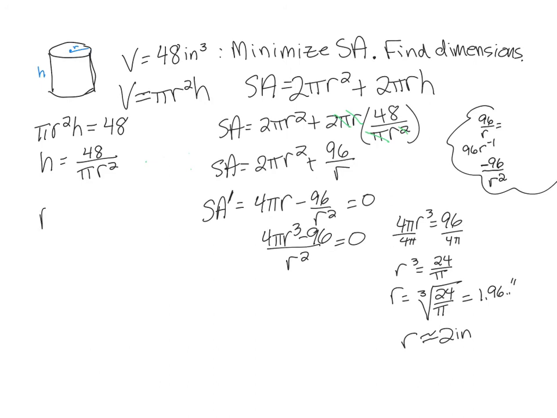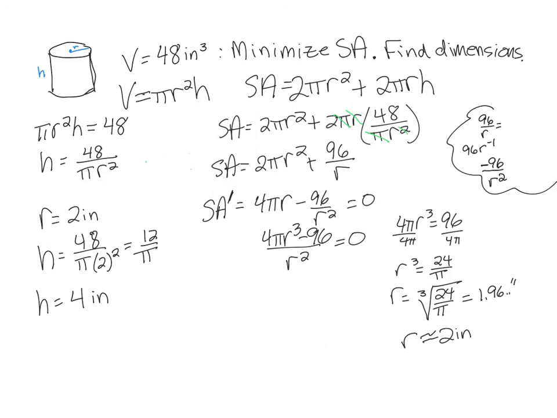So if the radius is 2, then the height is this. 48 divided by 4 is 12. 12 over pi is going to be right around 4 inches. Now, I didn't even calculate that because 4 is close enough.